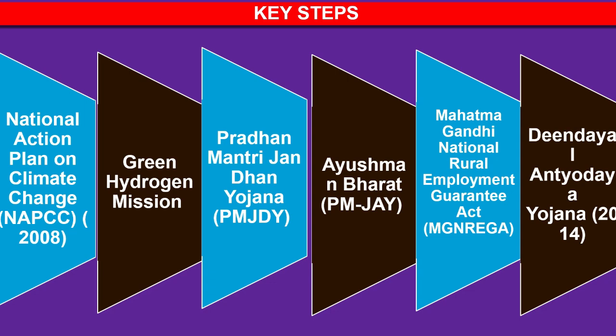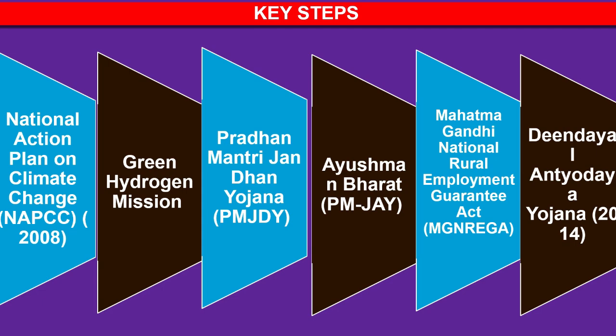This guarantees 100 days of wage employment per year to rural households to ensure livelihood security. Deen Dayal Antyodaya Yojana focuses on skill development and employment for the rural and urban poor.